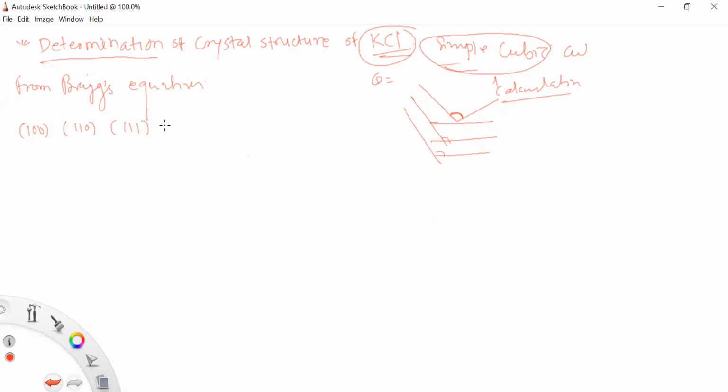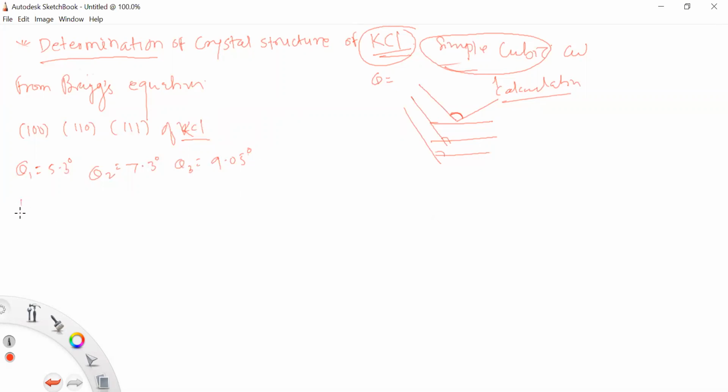So for KCl planes, first order maxima, and the angles observed for these planes, that is angle theta 1, it is 5.3 degree, theta 2 for the plane 1 1 0 it is 7.3 degree, and theta 3 it will be 9.05 degree respectively.